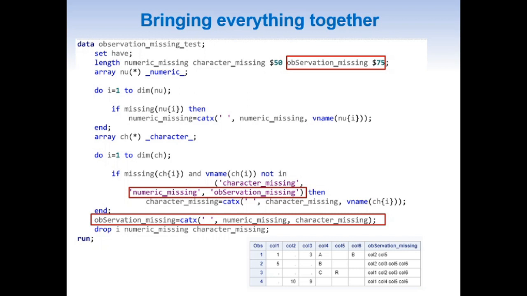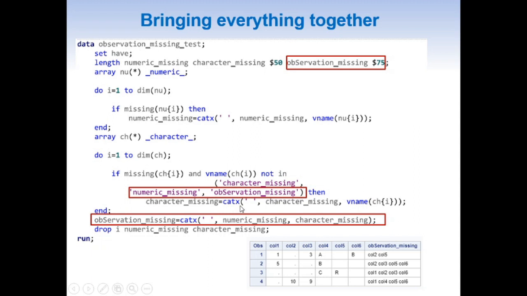First I would like to explain the whole code, and then I would like to explain the few places where there is change in the code. We have an array for numeric and also an array for character, like what we have seen earlier. And we are capturing variable names for numeric variables separately and also character variables separately.